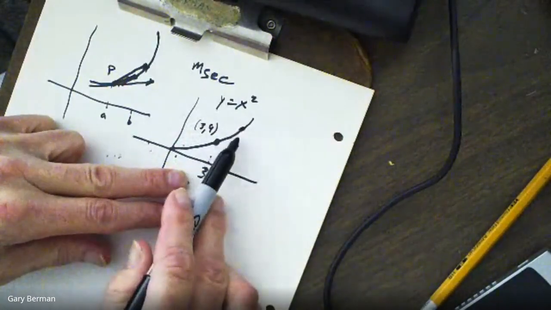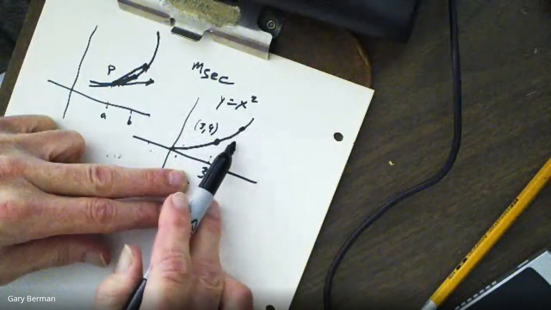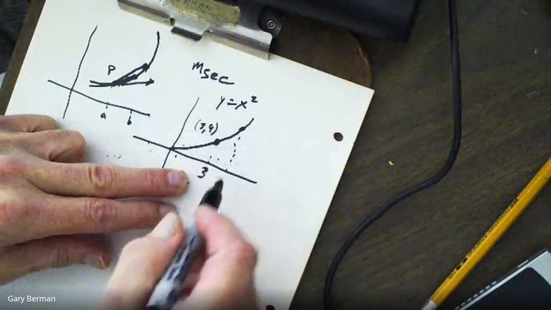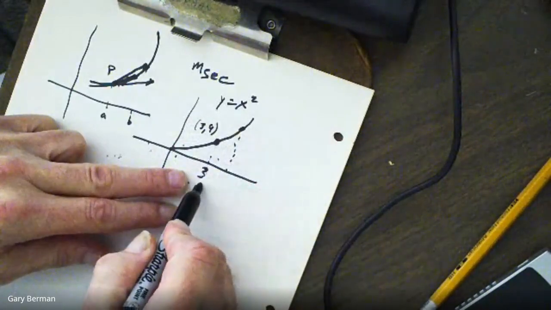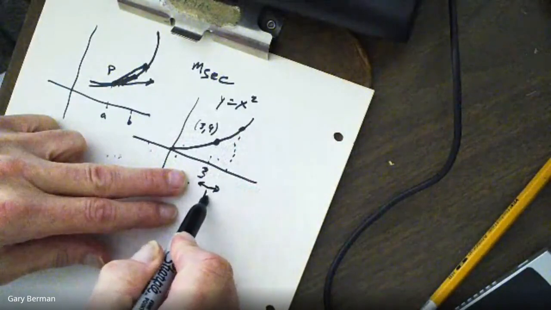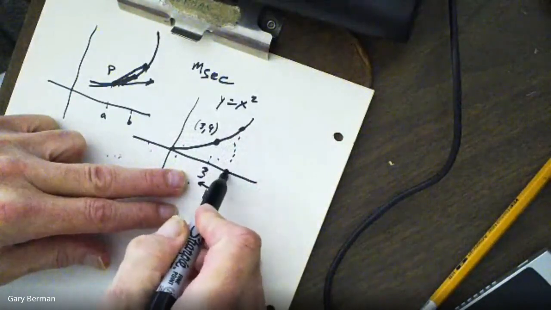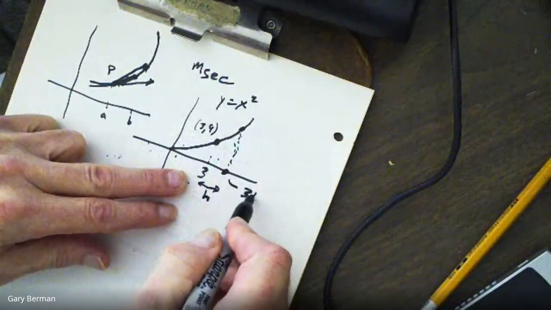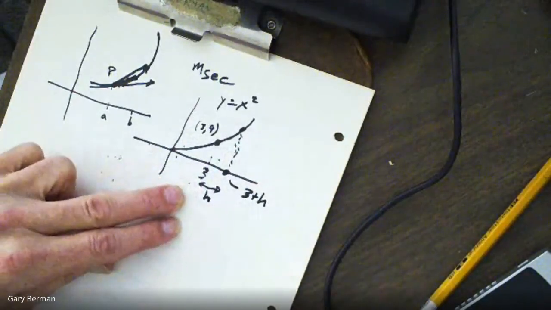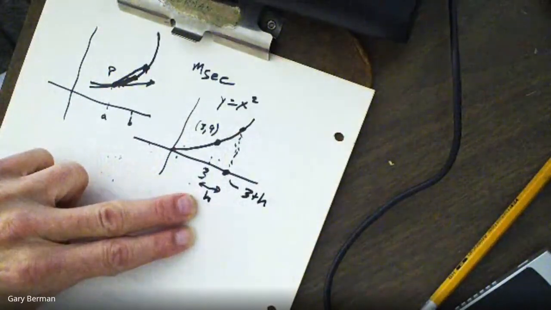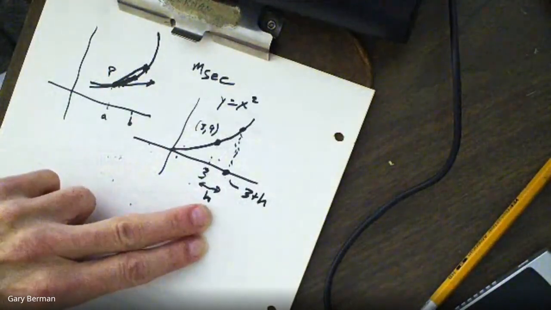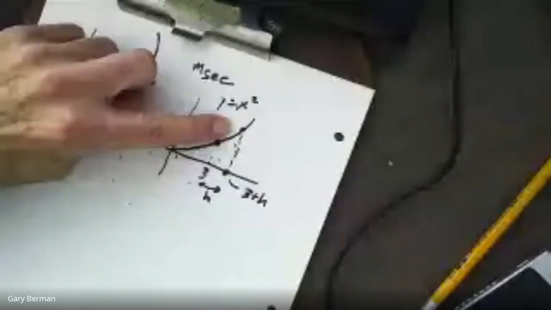We need a letter to indicate what distance we went. Let's say we moved h units. The point that we move to on the curve has an x value of 3 plus h. I have to use a letter because we're going to be changing it. In the numerical example, the first h I picked would have been 1, because I said let's use x equals 4 and calculate the slope of the secant.